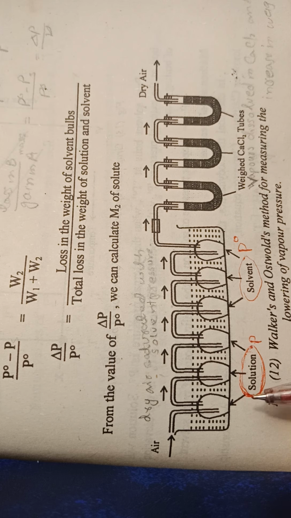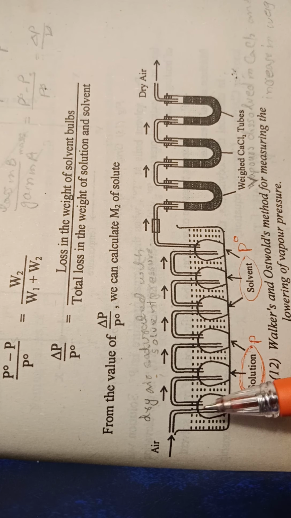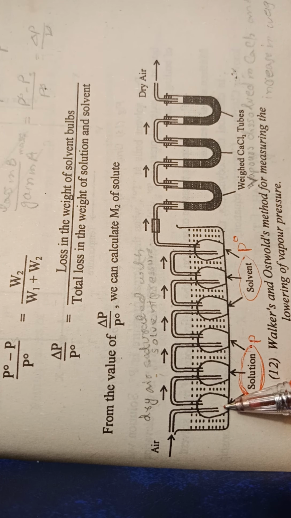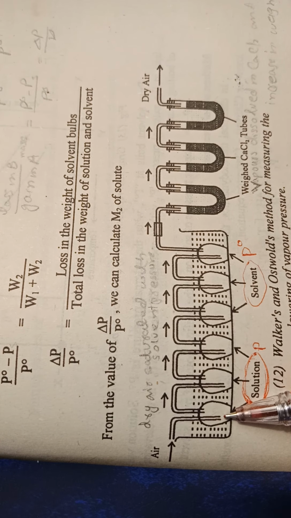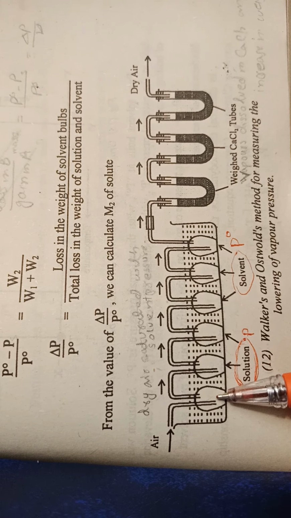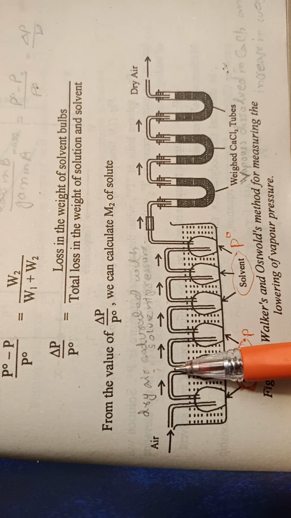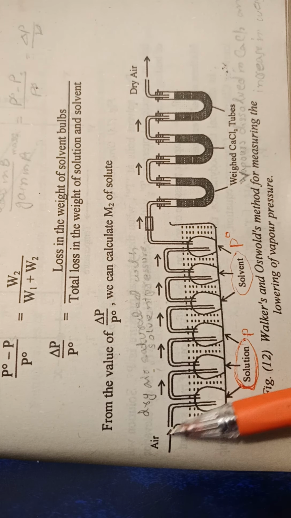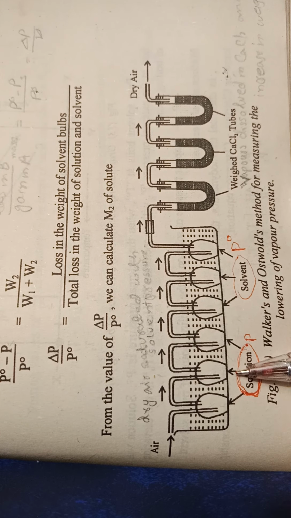For the determination of lowering of vapor pressure, dry air is passed through this series of bulbs. When this dry air passes through the bulbs containing the solution, it picks up some vapors of the solution and moves towards the next bulb, and successively this dry air gets filled up with the vapors of solvent.